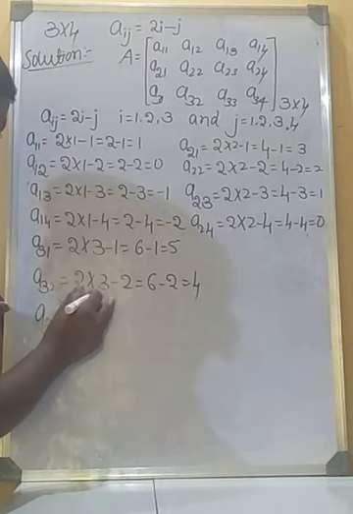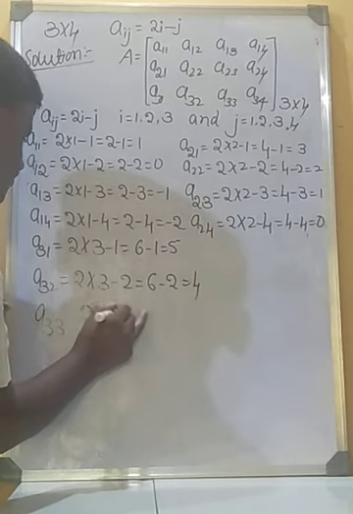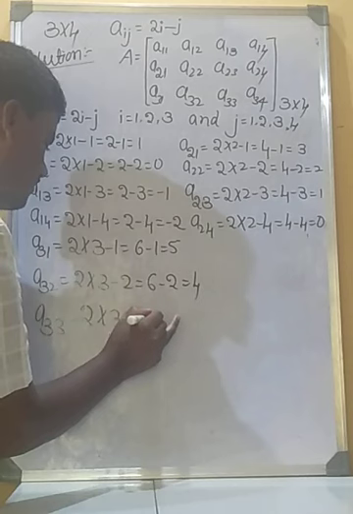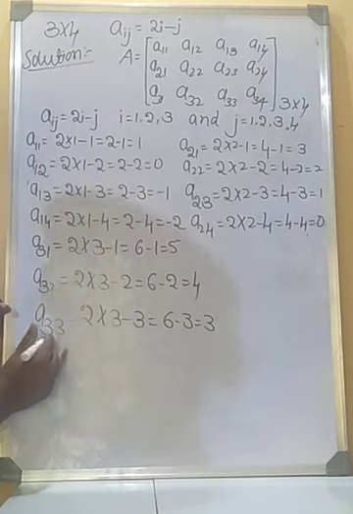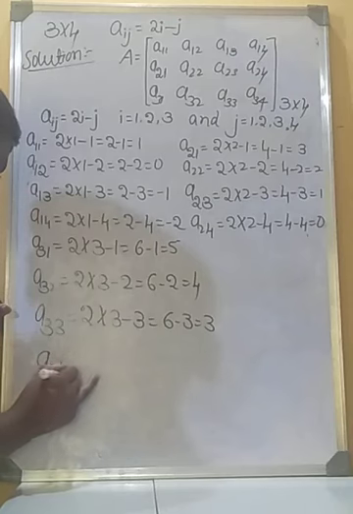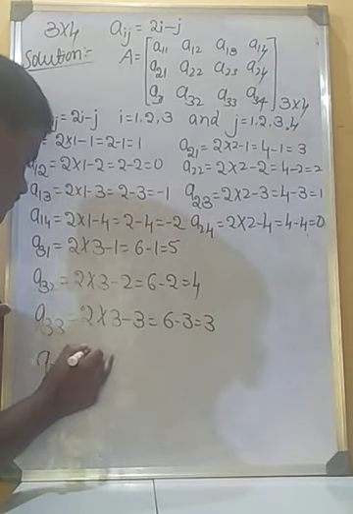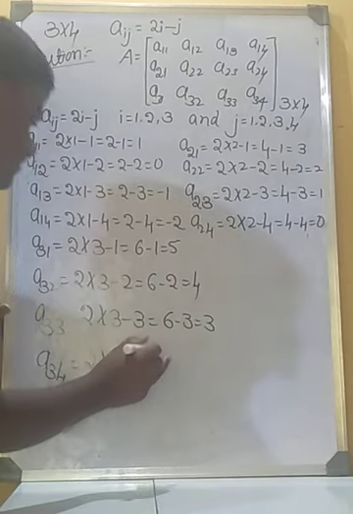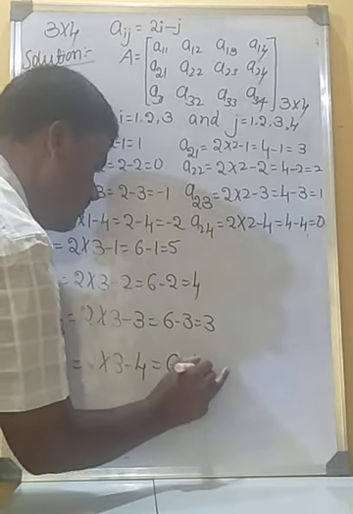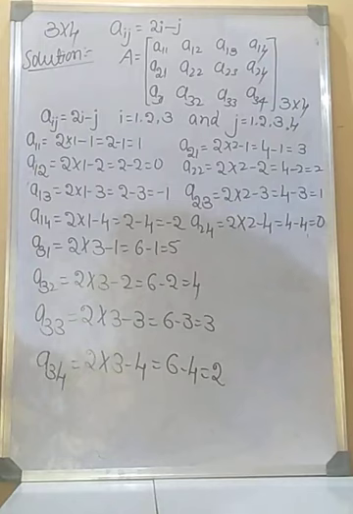A33 is equal to 2 into 3 minus 3 is equal to 6 minus 3 is equal to 3. A34 is equal to 2 into 3 minus 4, 6 minus 4 is equal to 2.